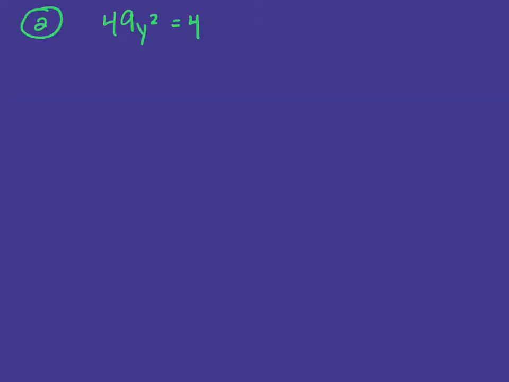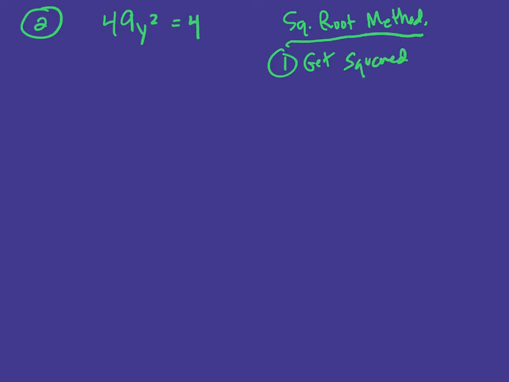Number 2, 49y squared equals 4, so square root method. We're going to get the squared variable or parentheses by itself. So in this case, we've only got a variable that's squared.